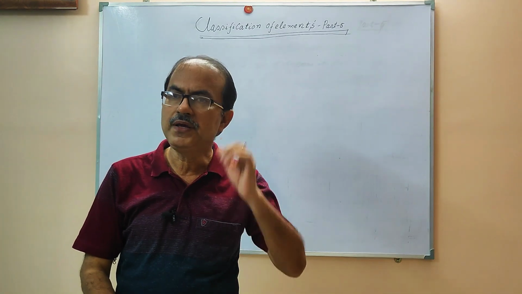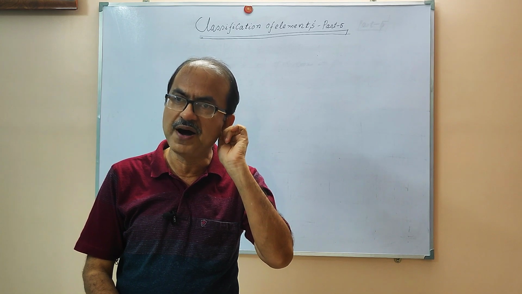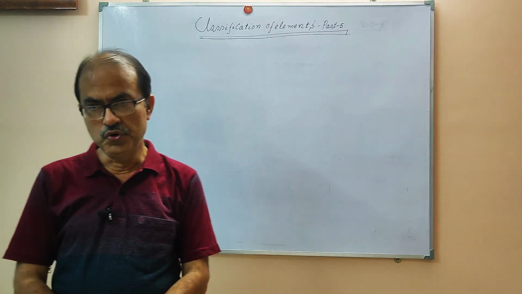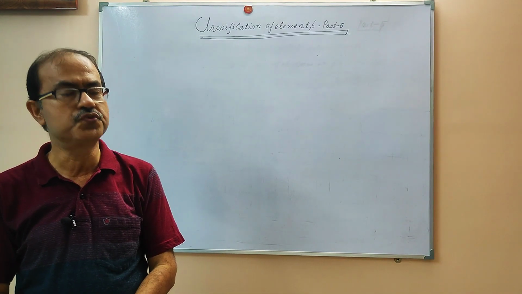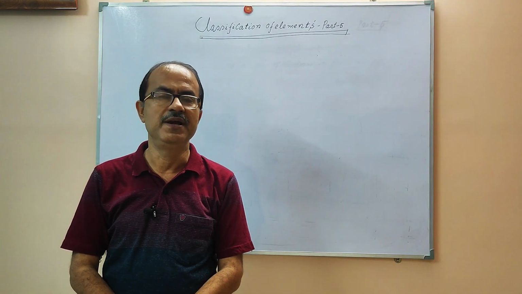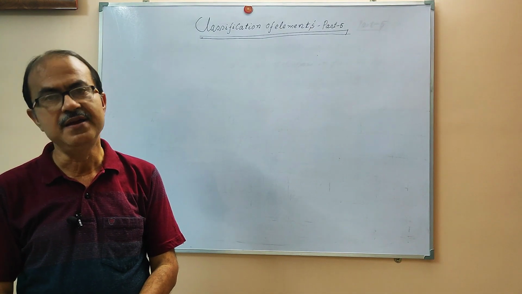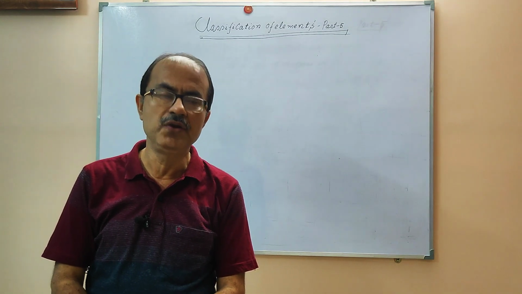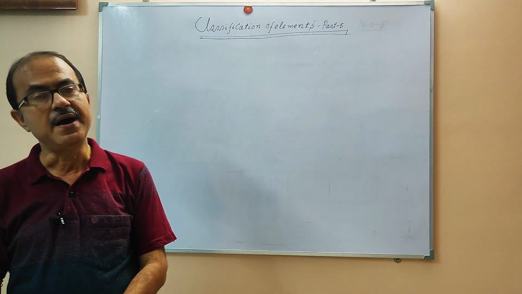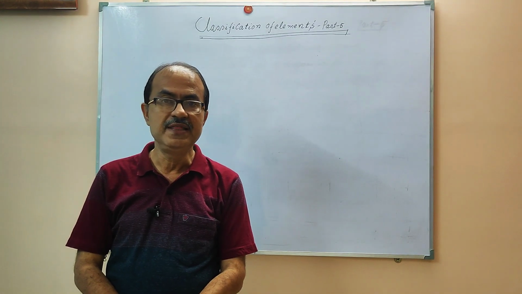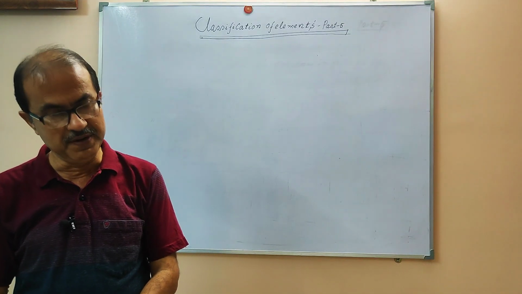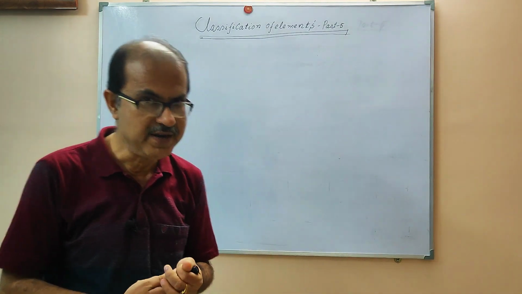From the atomic number you have to identify the period as well as the group of the element. First we will understand how to identify the period of an element in the periodic table.